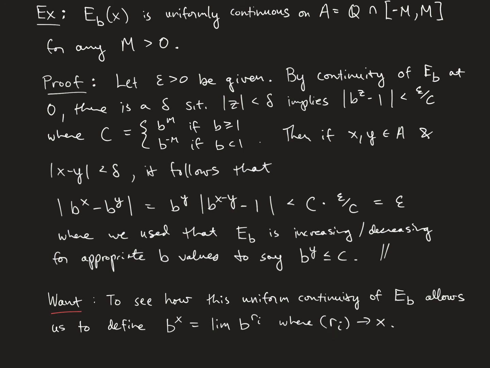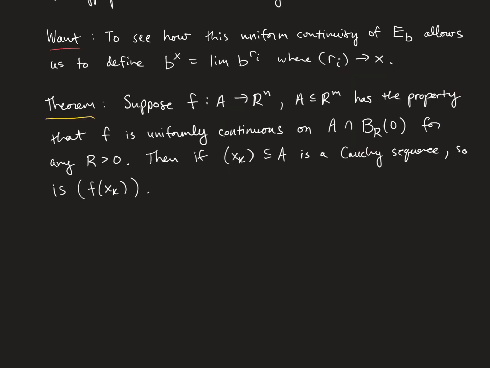And that is addressed by the next proposition. So we have a theorem that if we have a function defined on A, and it is uniformly continuous on A intersect any large ball, a ball of any radius, then if you have a Cauchy sequence in A, the image sequence is also Cauchy.